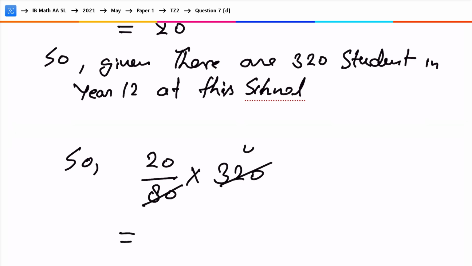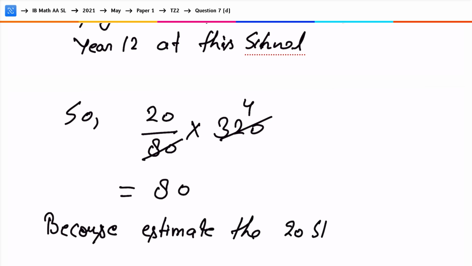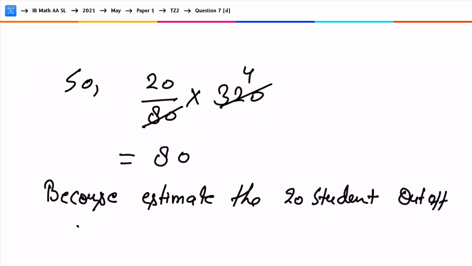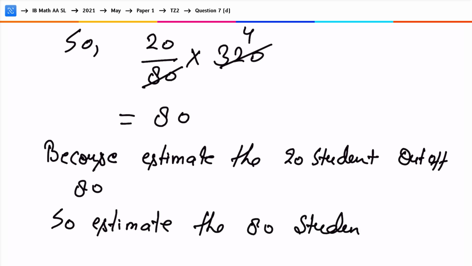Simplifying this is equal to 80, because we estimate the 20 students out of 80, so we estimate the 80 students out of 320. This is our final answer.